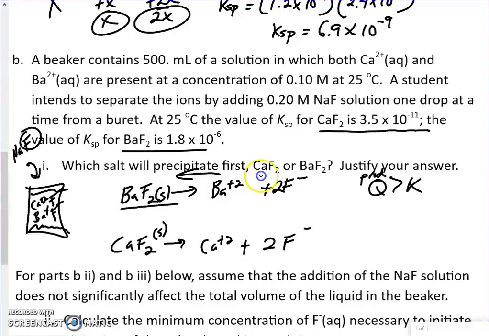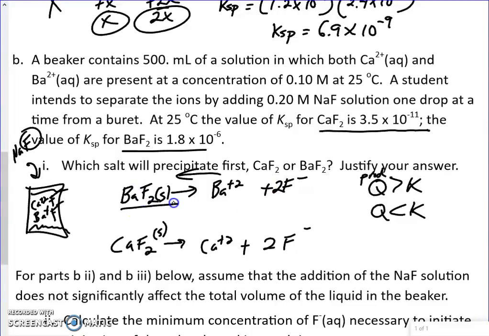So as long as our ions stay at a low concentration level and Q remains less than K, meaning we're not at equilibrium or we're just at equilibrium, we won't ever actually see any solids. So we can have an unsaturated solution by adding the salt in, but not actually getting any precipitate. Now, as we add more salt and more ions build up, we end up shifting over and we end up having that solid forming.